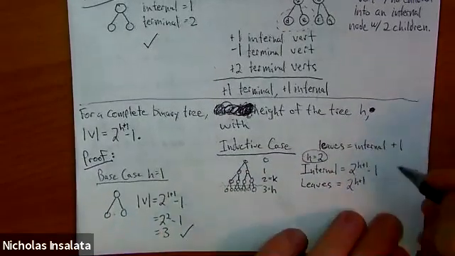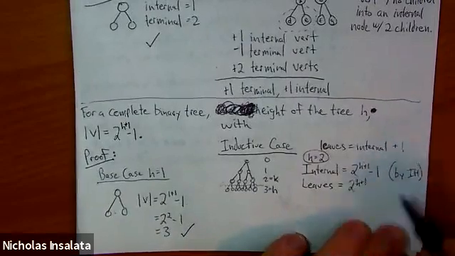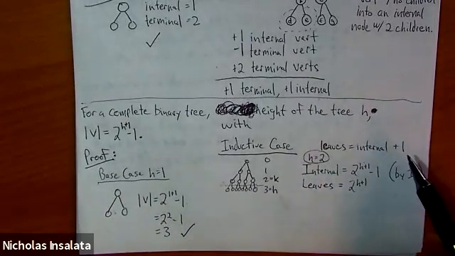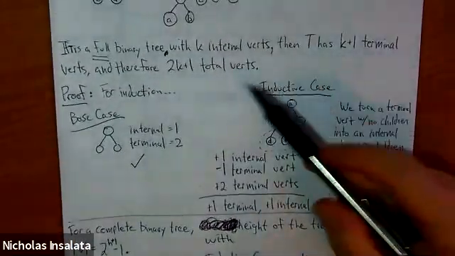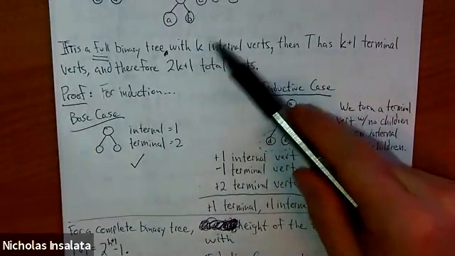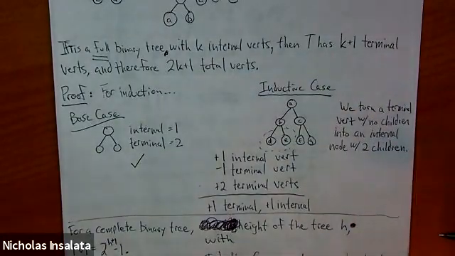And so we can use our inductive hypothesis here to find the total number of internal vertices, right? Which means by our previous theorem, if we know that we have k internal, then we add 1 to get the number of terminal, right?